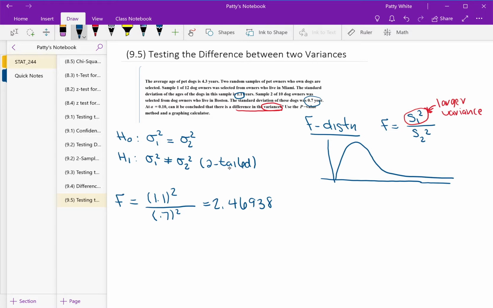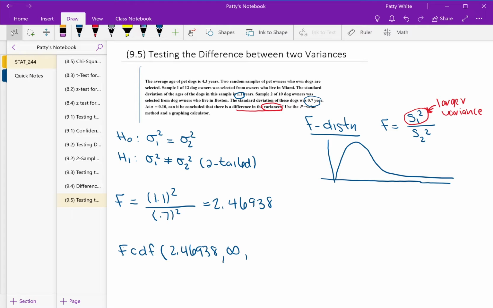So we're going to use the F CDF, because we're working with the F distribution and we want to accumulate the area. You can find the F CDF under distributions, and you just have to keep arrowing down. It takes the lower limit, which you're going to put as 2.46938, the upper limit, which is infinity, and then the degrees of freedom for the numerator.